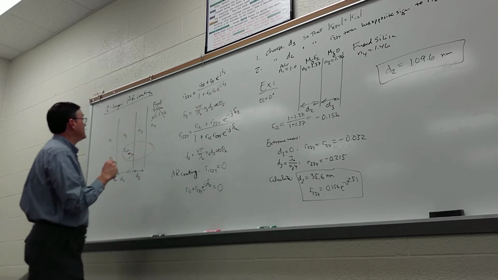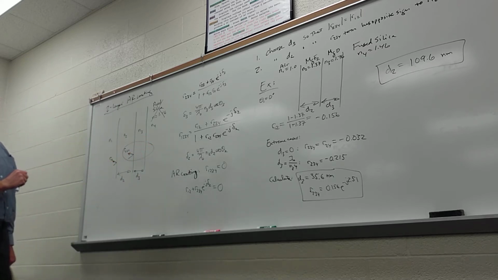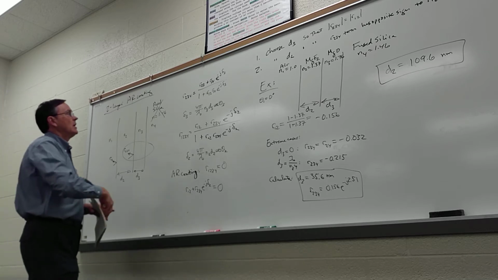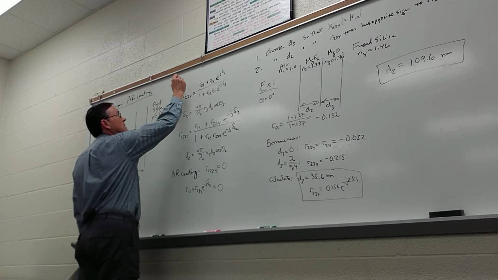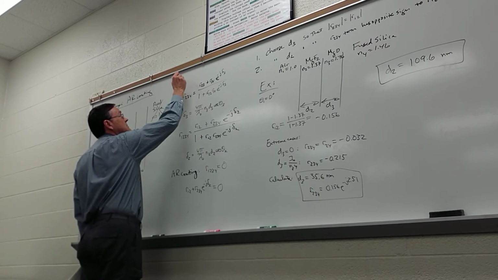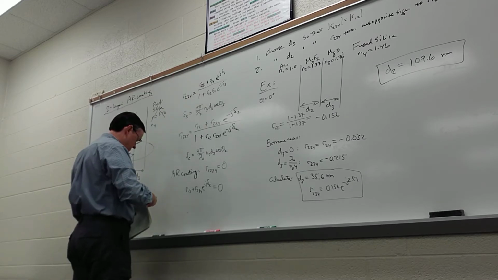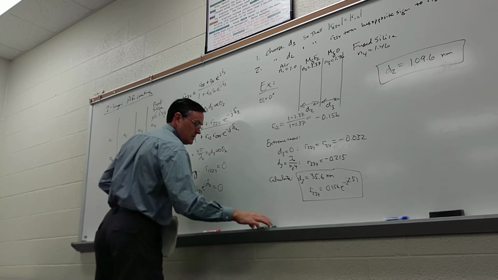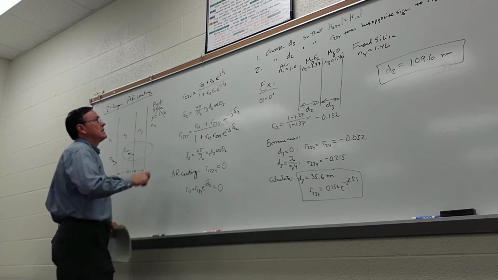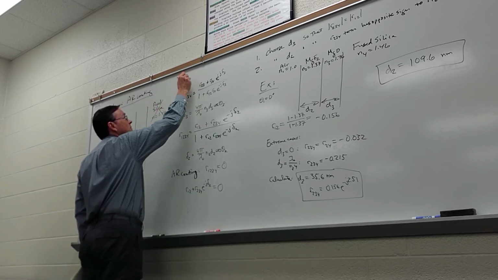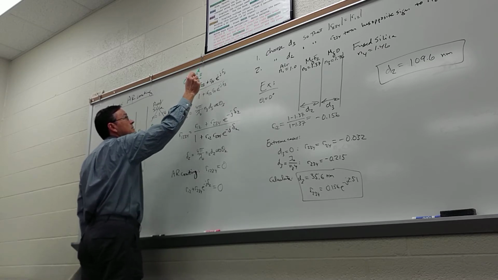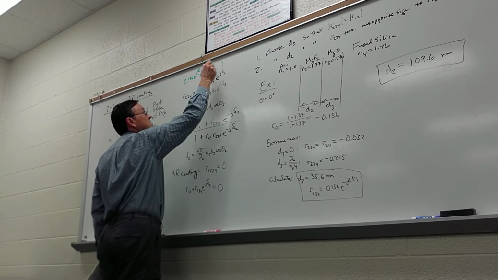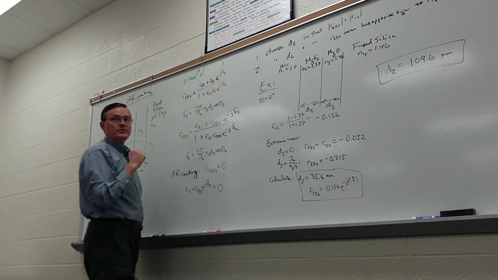I want this to be 0.156 e to the j something, equal to this stuff, which is a function of d3.